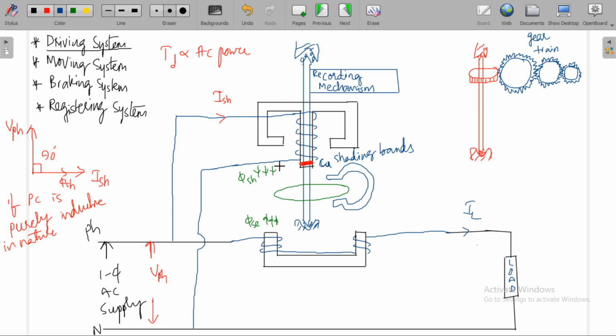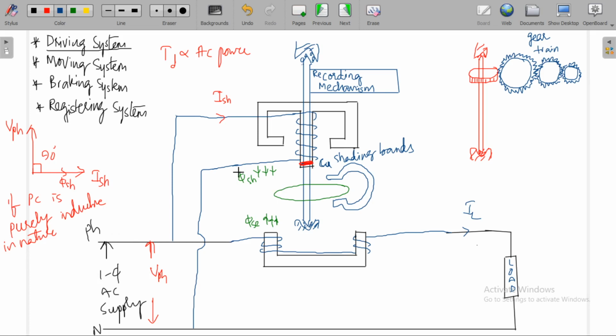This phi sh, shunt flux, induces current in these copper shading bands. This induced current causes a further displacement of shunt flux.